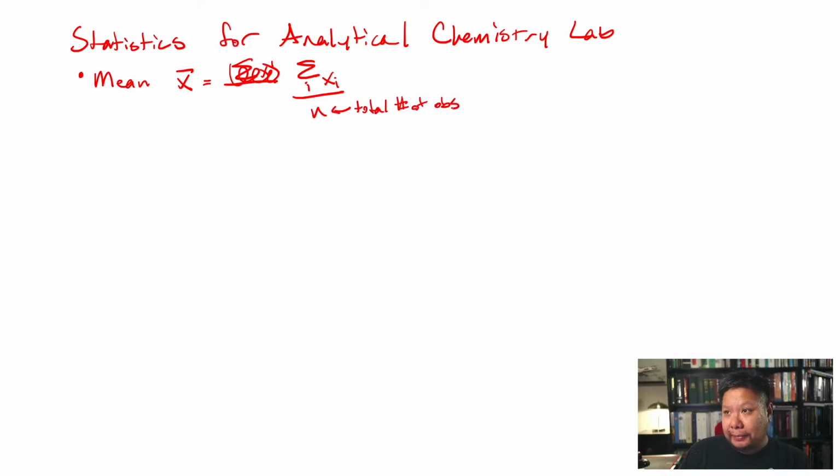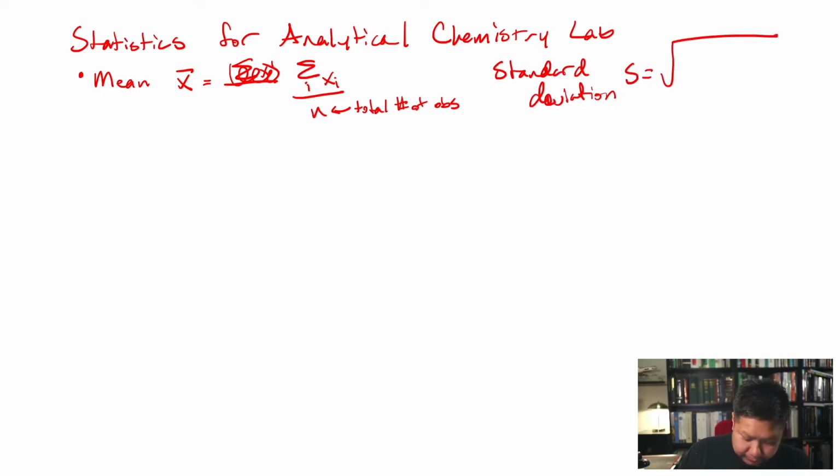Or measurements. The other term that we're going to be using a lot is the standard deviation. The standard deviation, whose symbol is s, equals the square root of the sum of each of the observations minus the mean, squared, all divided by n minus 1.